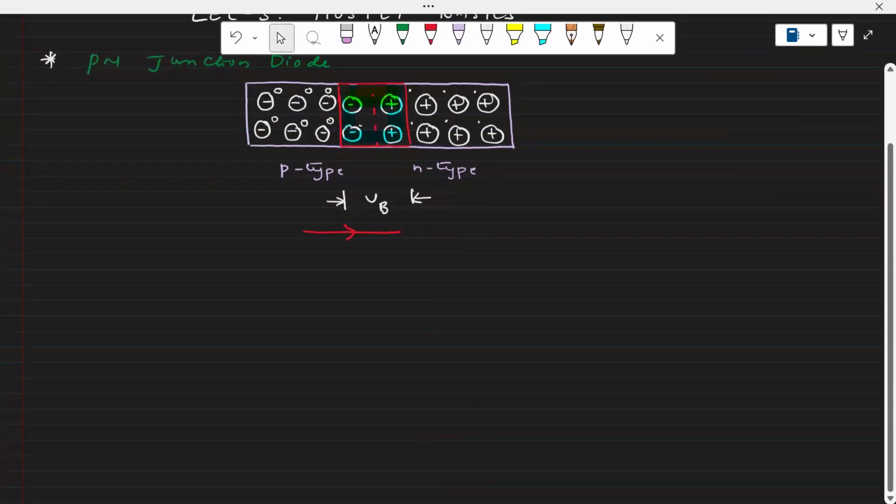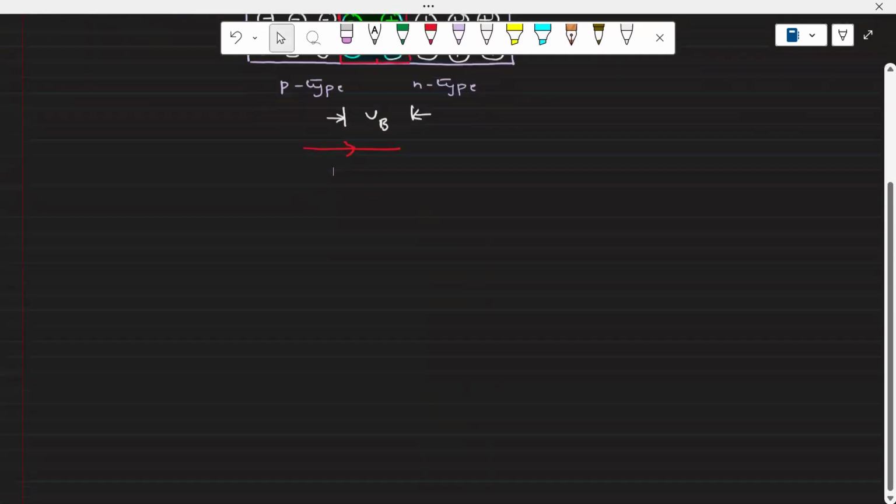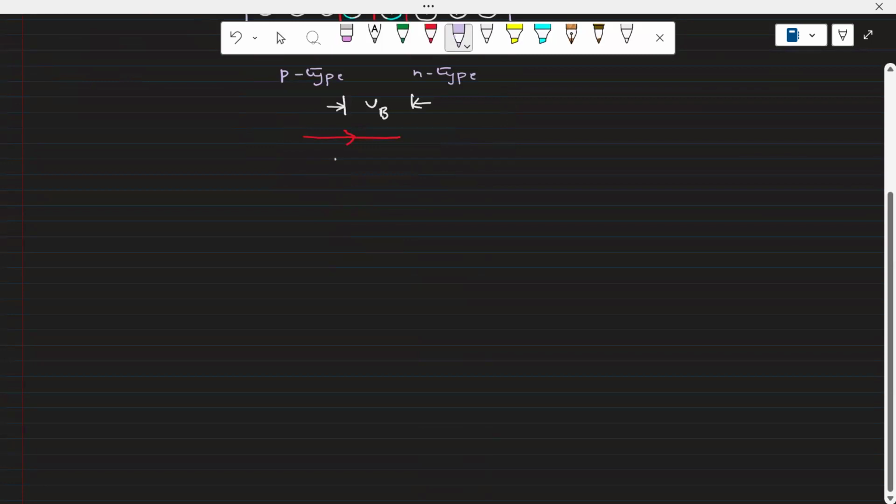Yes. Look at this one. What is the symbolic representation of this? This is the symbolic representation of a diode, right? So this is the P side, and this is the N side.